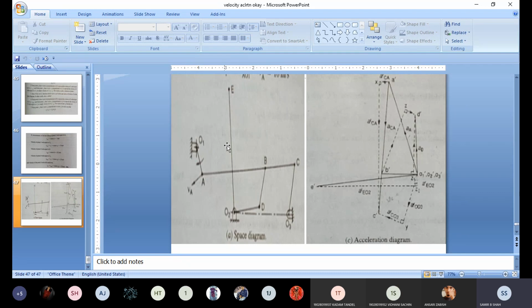After that, we have to draw the perpendicular line from point X. Draw vector x c dash perpendicular to AC. Just focus on my cursor, so it's easy to draw it perpendicular to AC.